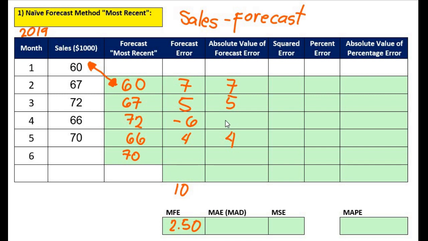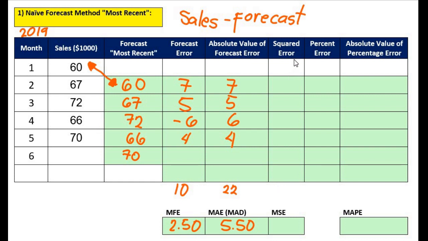And for negative 6, the absolute value is simply 6. Then we get the sum, which is 22. 22 divided by 4, that would be 5.50. So MAE stands for mean absolute error.